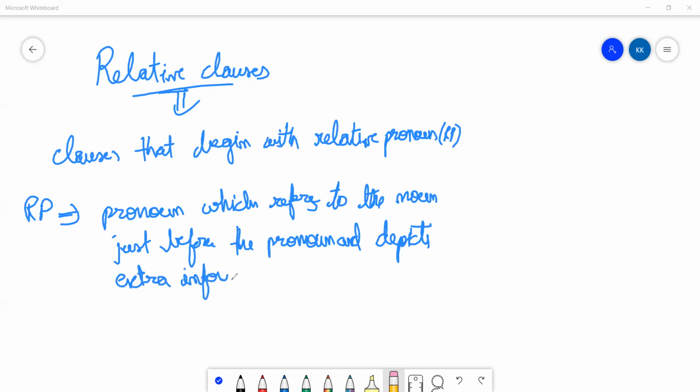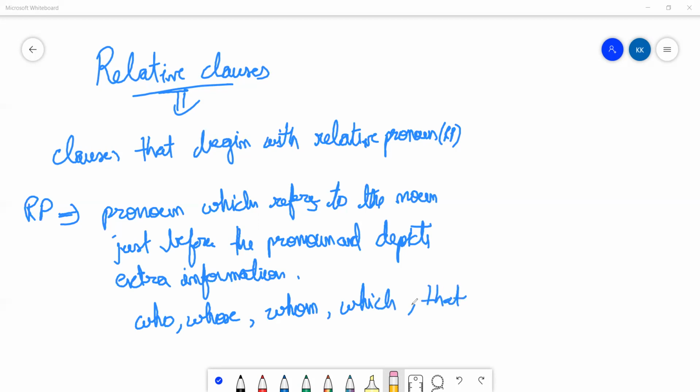So majorly what sort of relative pronouns we have in the SAT are who, whose, whom, which, that. Now, out of all these 5 relative pronouns that we have, these 4, who, whose, whom, which, they depict extra information.